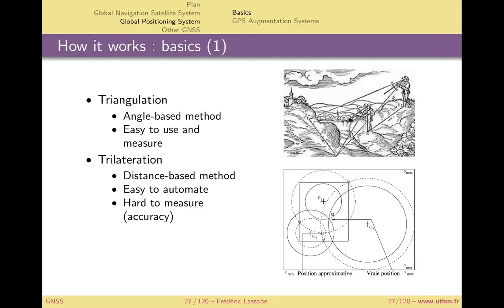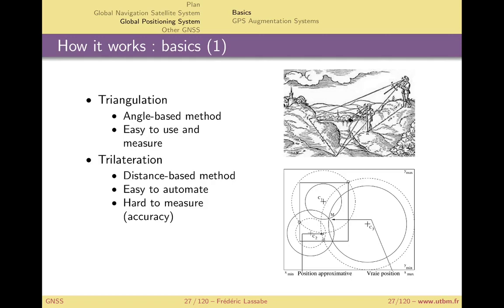But it's hard to measure its accuracy because there are errors. Of course it's simple if you have proper distances, the full circles here. For the location you have only one intersect, which is easy to compute.